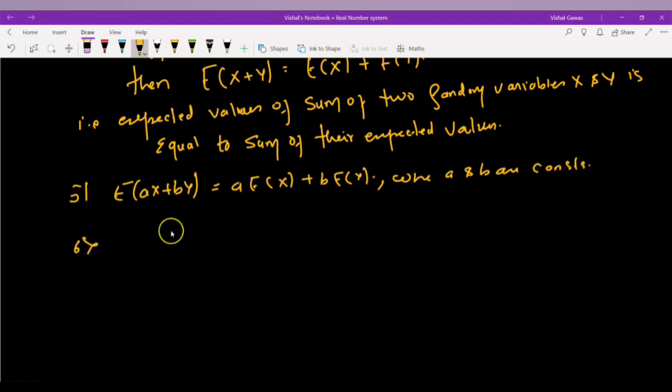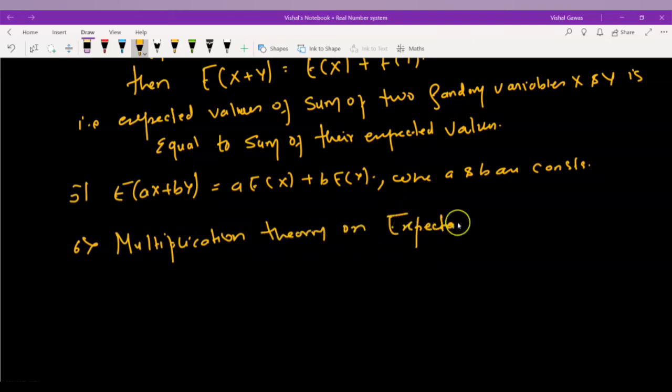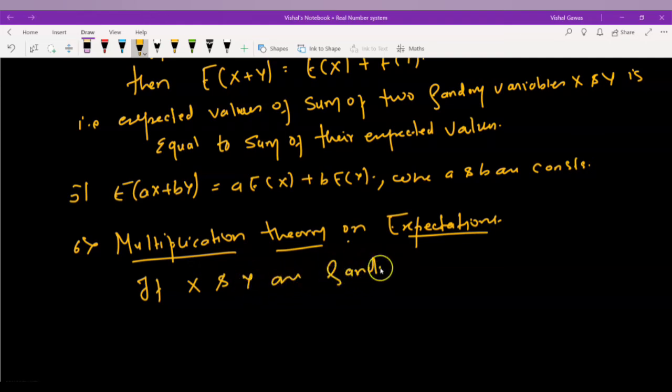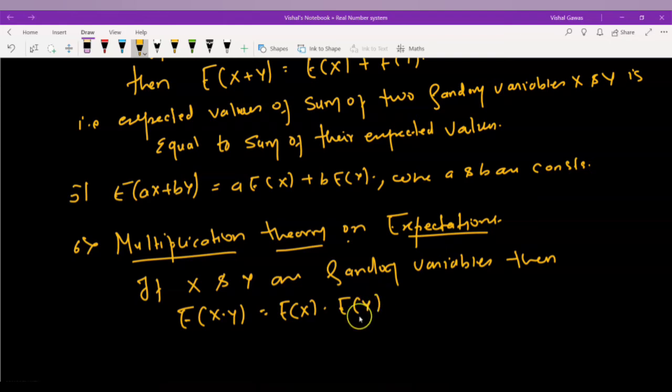The sixth one is the multiplication theorem on expectations. What does it mean? If x and y are random variables, then the expected value of the product of these random variables is the same as the product of their expected values, E of xy equals E of x into E of y.